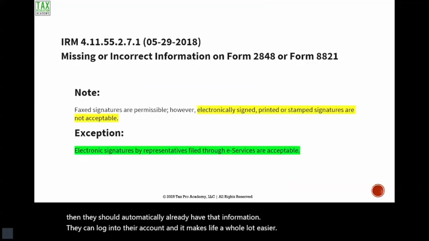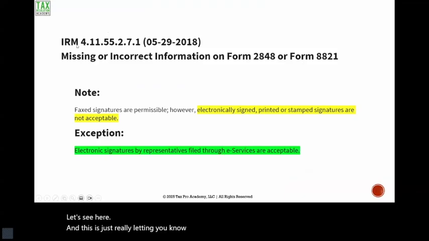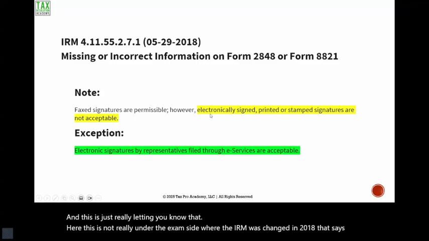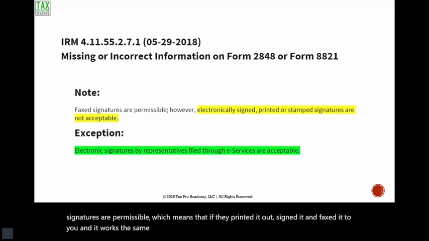Okay, now a few other things. Let's see here. Oh, and this is really under the exam side, where the IRM was changed in 2018 to say fax signatures are permissible, which means that if they printed it out, signed it, and faxed it to you, and it works the same if they've scanned it to you, they can send you that wet signature.